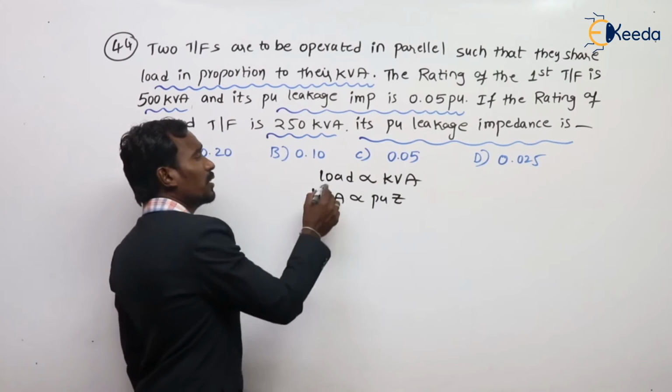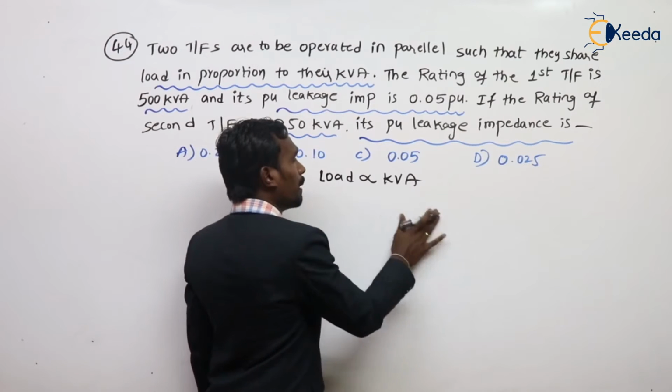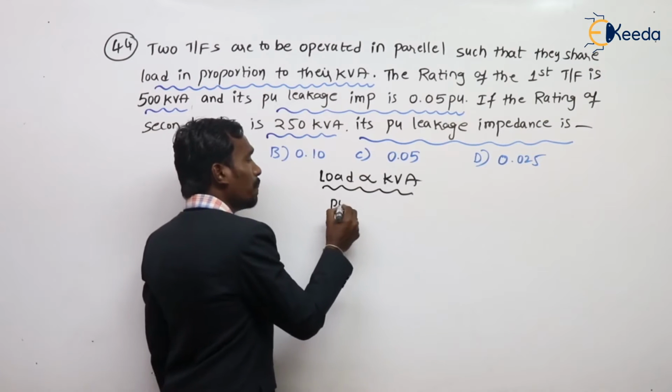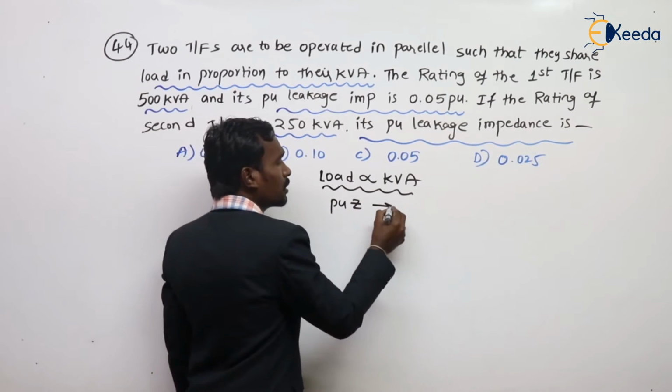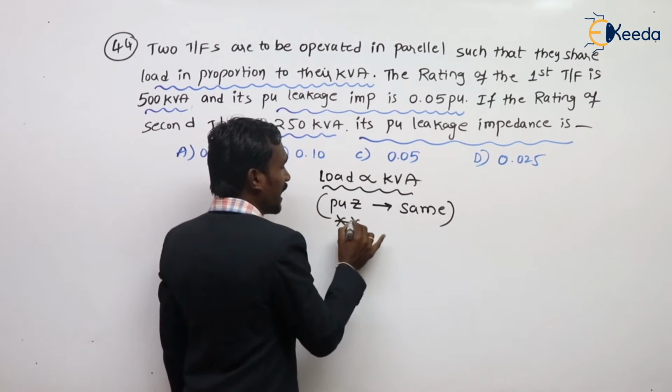At this condition, when the load is shared in proportion to their kVA rating, the per unit impedances should be the same.